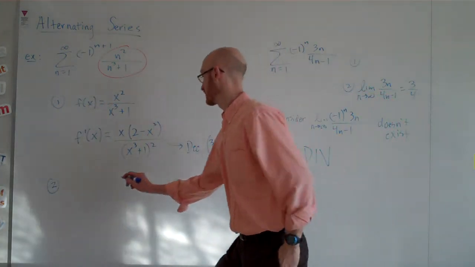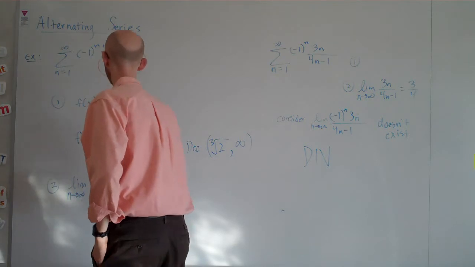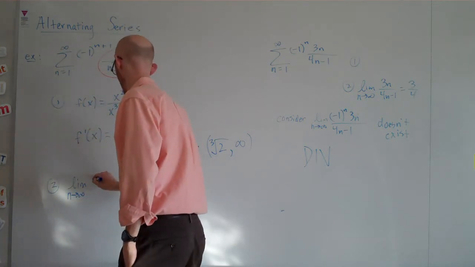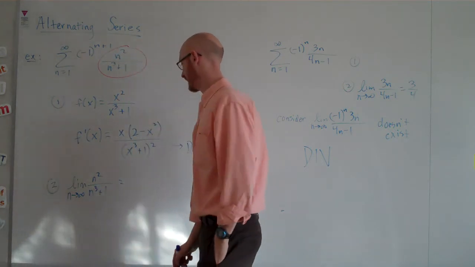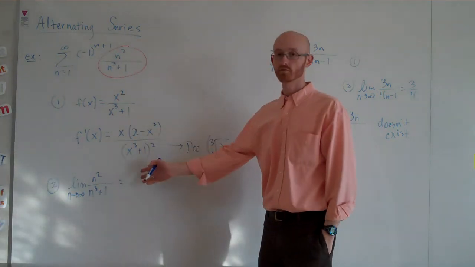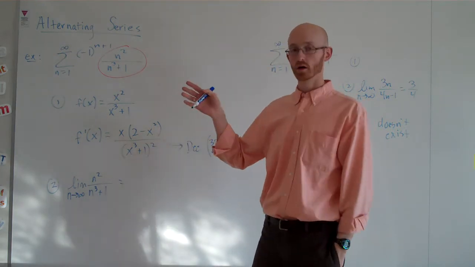Now the next thing to take care of is the limit as n approaches infinity of that. We could divide through by n cubed, top and bottom.